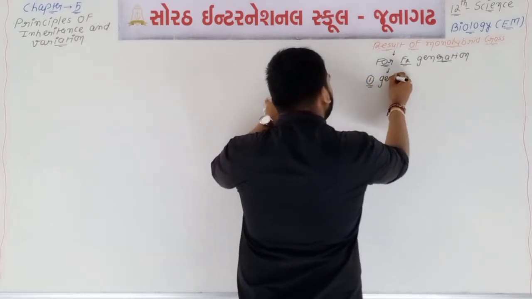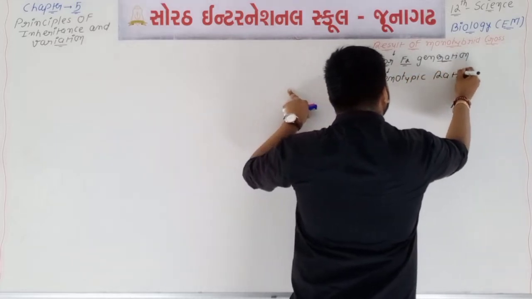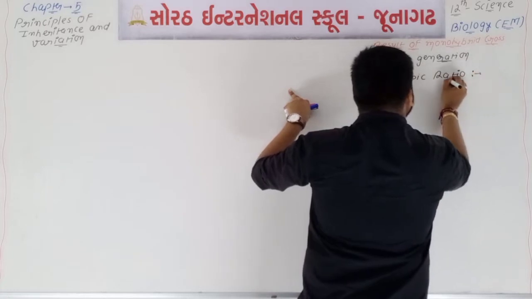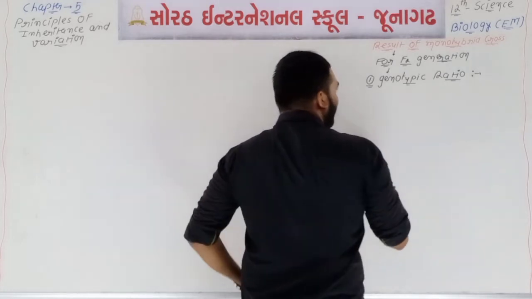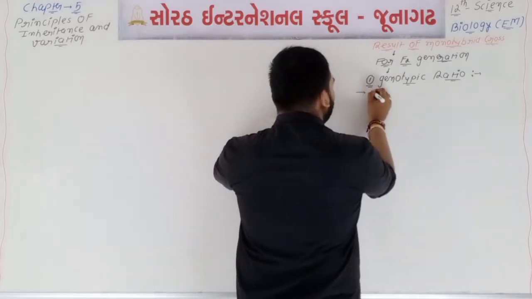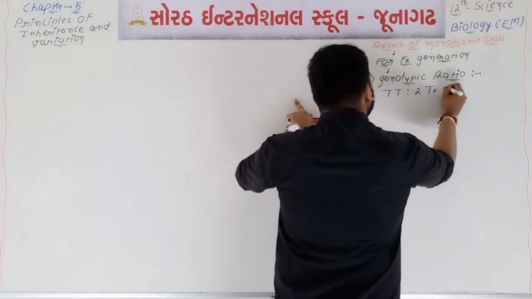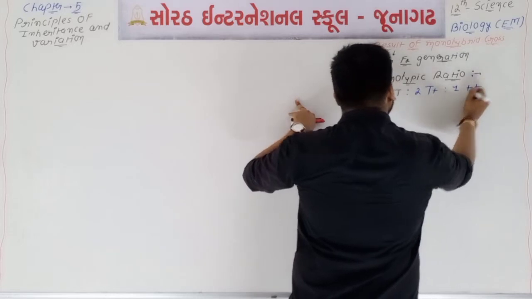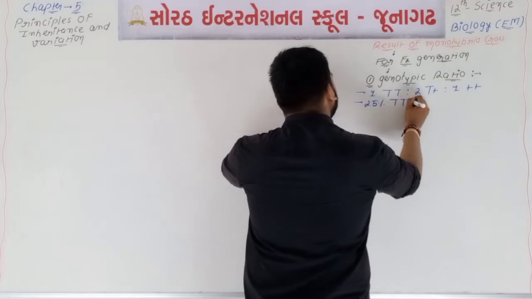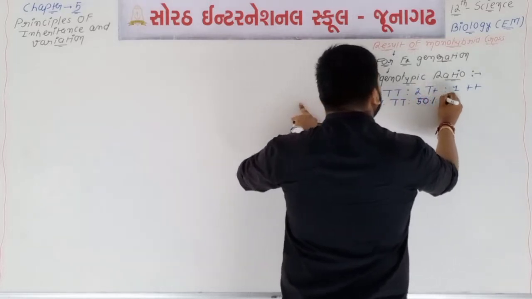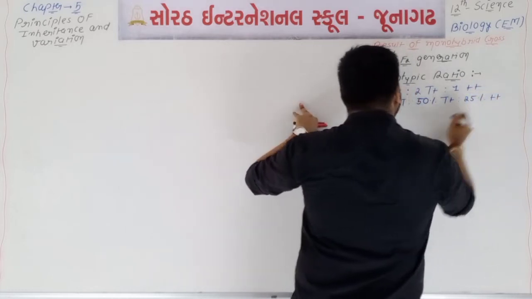The first one is known as the genotypic ratio. For the monohybrid cross in the F2 generation, it is 1 capital T capital T is to 2 capital T small t is to 1 small t small t, which is equal to 25% capital T capital T is to 50% capital T small t is to 25% small t small t.